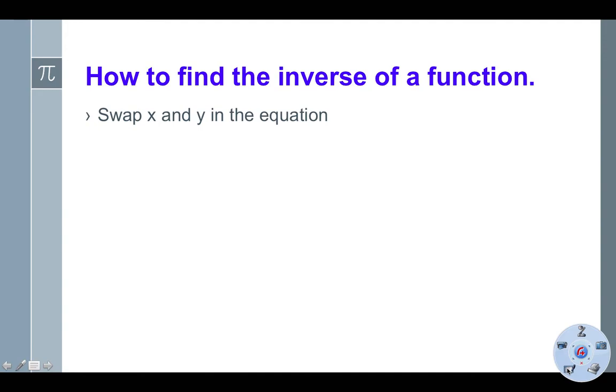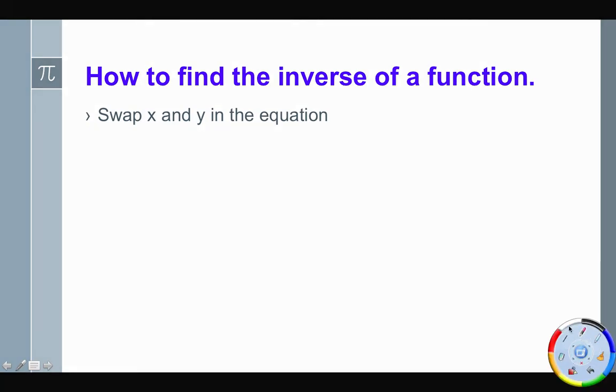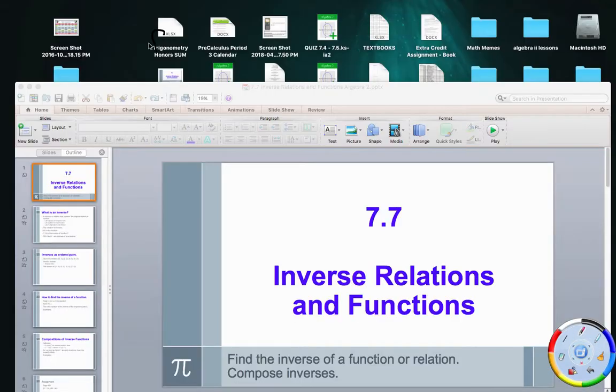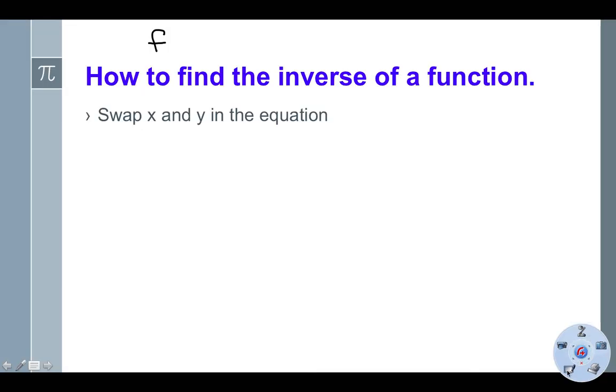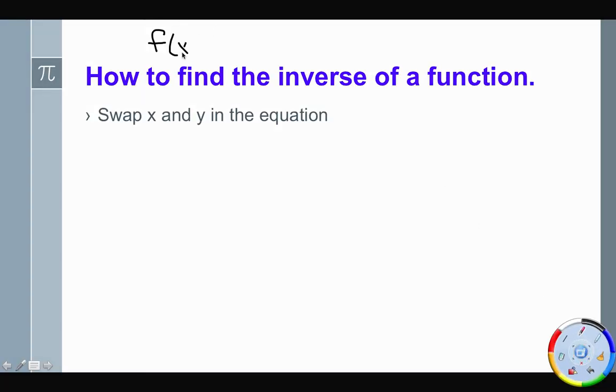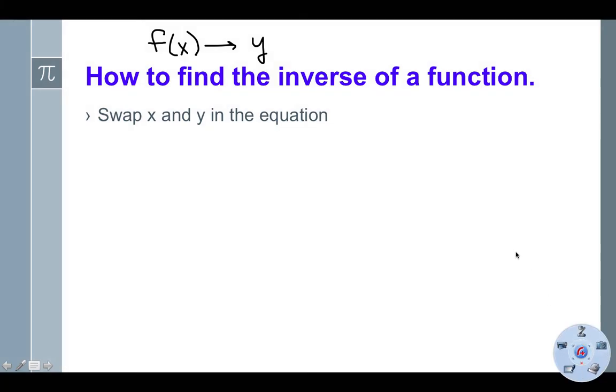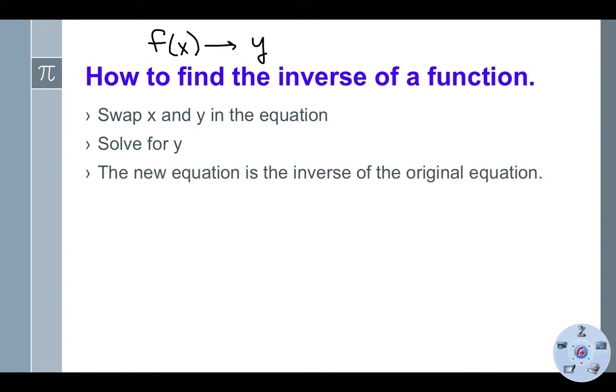And I'm going to remind you that f of x is the same thing as y. So sometimes we need to rewrite f of x as y in order to do this type of computation. Once you swap x and y, you need to solve for y once again. And once you have solved for y, that is your new inverse.